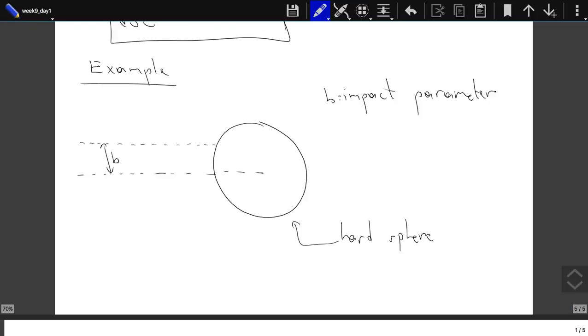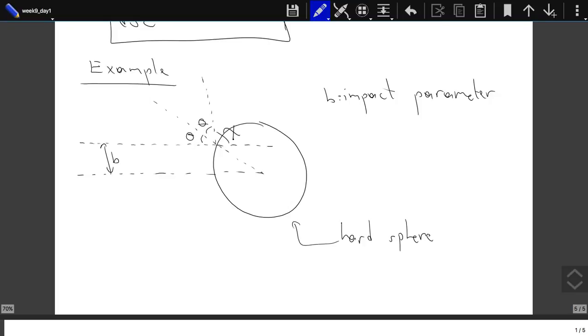Now we know that if this is a hard sphere, it will just reflect like a light ray. So the incident angle will be equal to the reflected angle. So if this is theta, it will scatter in this direction, where this is also theta.